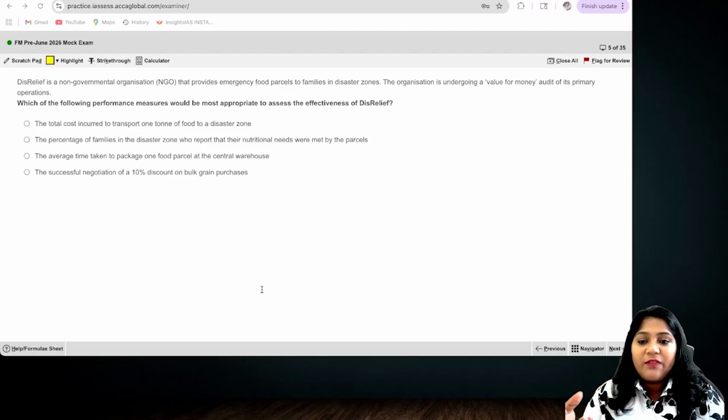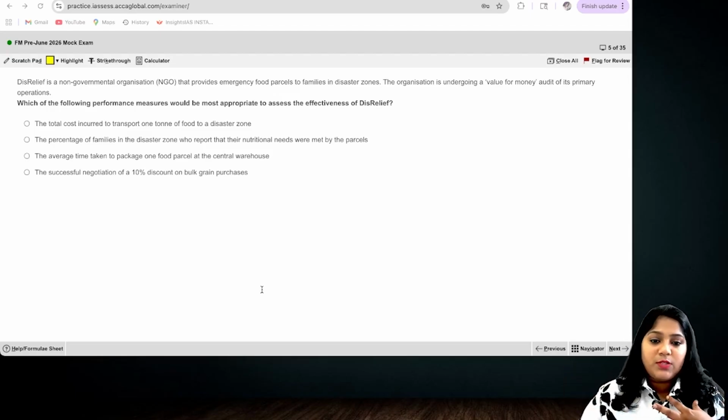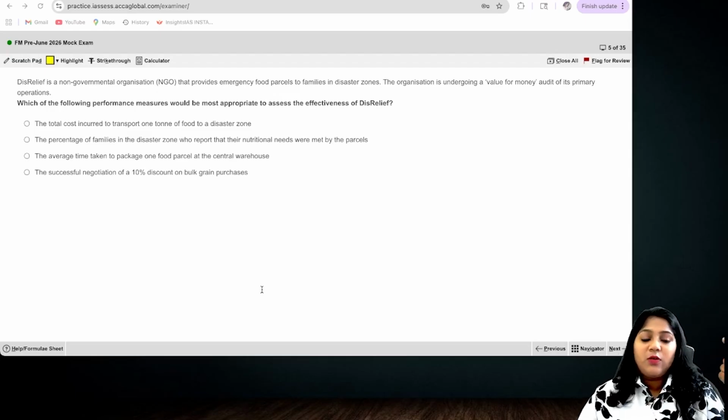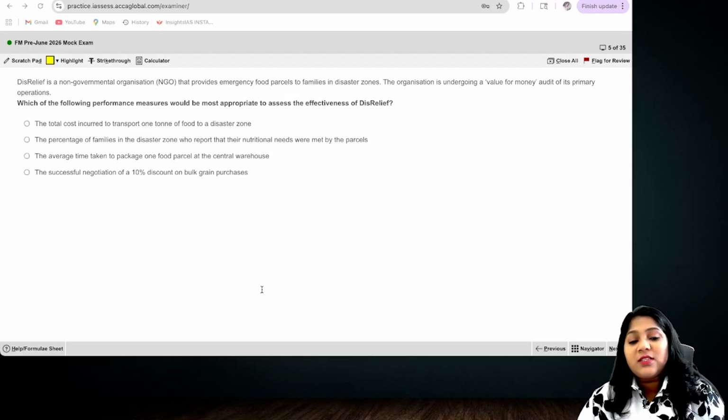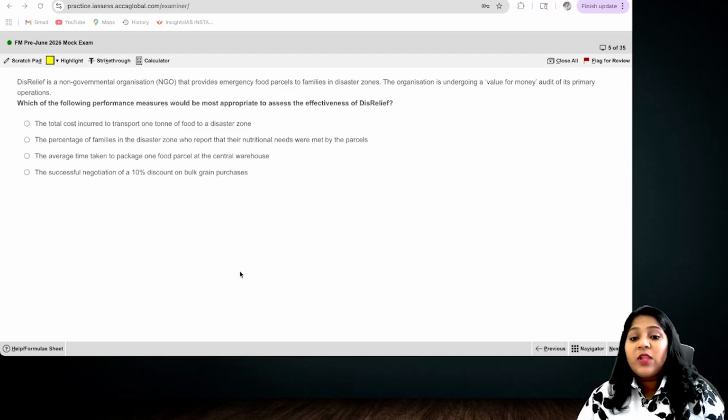But when I talk about effectiveness, I'm asking whether it has reached the goal I'm supposed to achieve. That is what effectiveness means. Economy talks about whether you are able to get things at a very low cost. Efficiency is whether you are able to get the maximum potential out of the resources you have sourced. But whether what you wanted to achieve, that goal, is achieved or not, that is effectiveness. So we look at that.